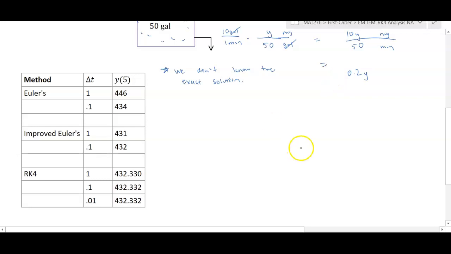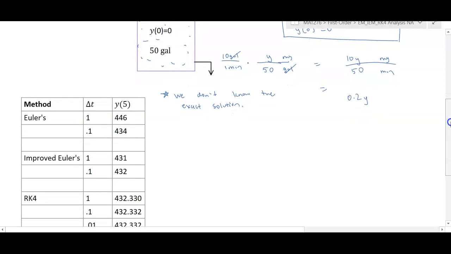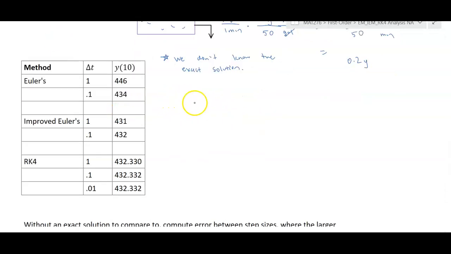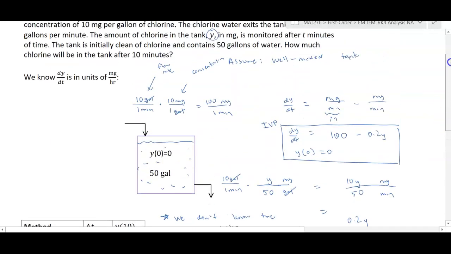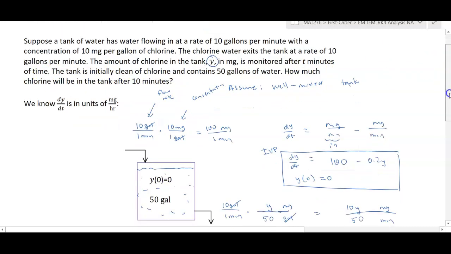Now, we could get the exact solution because this equation is actually separable, but let's just see if we could try to figure out what we believe the right answer is without having to know the solution, because that's why we use this method, because we don't have the exact solution. So with Euler's method, with a step size of 1, we'd get 400 at time 10, which is the time at which we wish to estimate how much chlorine is in the tank after 10 minutes.